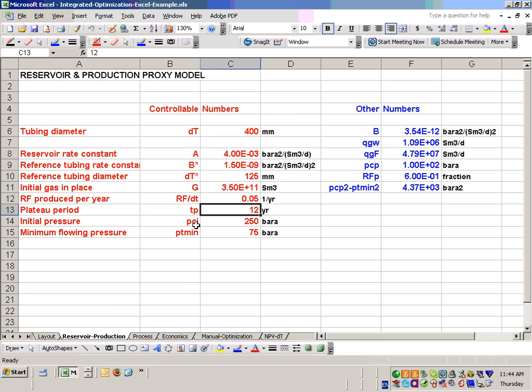Tubing size, KH and skin through the constant A. Gas in place, how much you sell to the Germans each year, how long they want to keep buying it, the initial pressure, and the minimum tubing pressure. These are, for gas development, the only main variables that you have, basically, in most cases, if it's a tank. Okay?